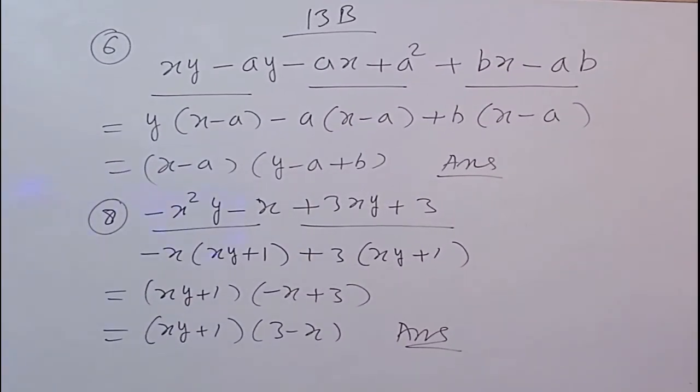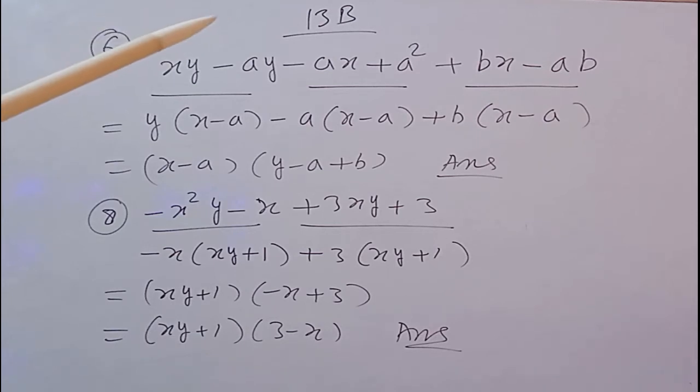Children, I am taking question number 6, exercise 13b, and the question is xy − ay − ax + a² + bx − ab. First make the pairs. We have three pairs here. In the first pair we can take y common, inside the bracket we get x − a. In the second pair we have a common, so we take a common from these two terms, and we get x − a inside the bracket.